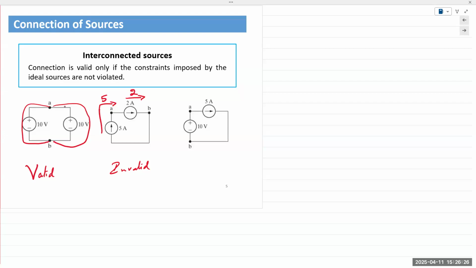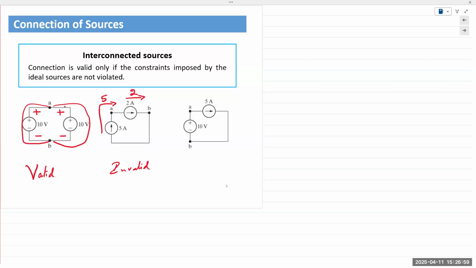But right now, if you take a look at the source on the left, you have a positive terminal here and a negative here, and then this voltage source also has a positive here and a negative here. So connecting positive to positive and negative to negative is permitted if they both have the same value. That's the key thing. So if they have the same value, 10 volts and 10 volts, then yes, we can connect it, because that is indeed possible.